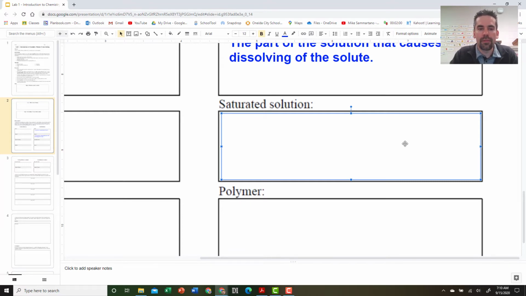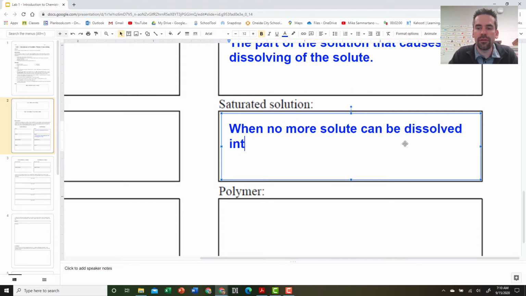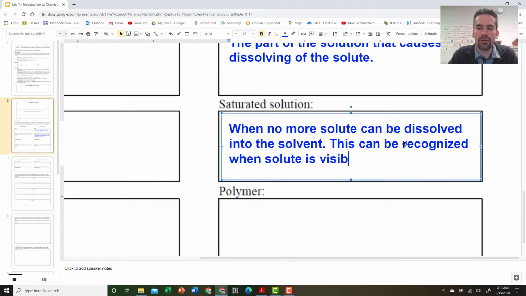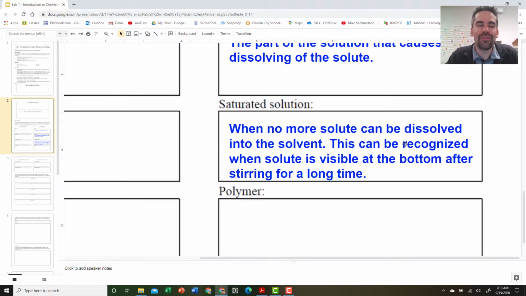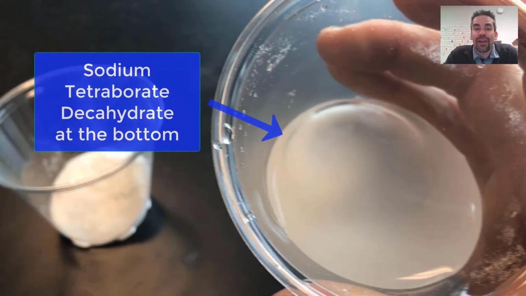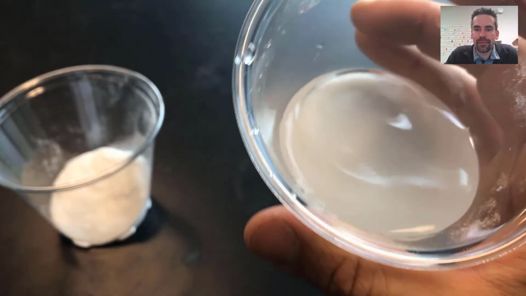So a saturated solution is when no more solute can be dissolved into the solvent. A long time is kind of subjective, but if you keep stirring and no more gets into it and there's still some at the bottom, then you've got a saturated solution.